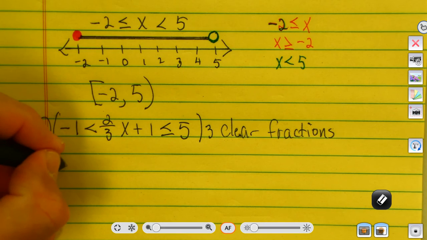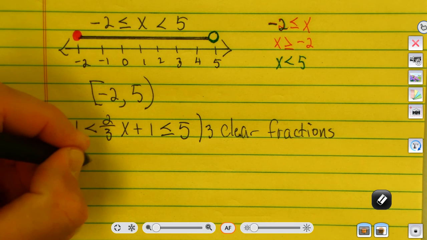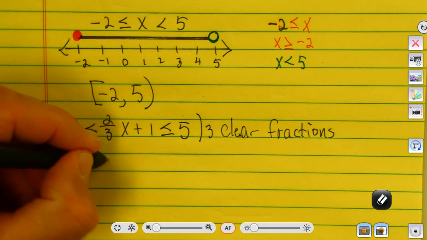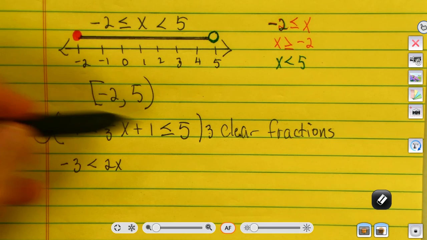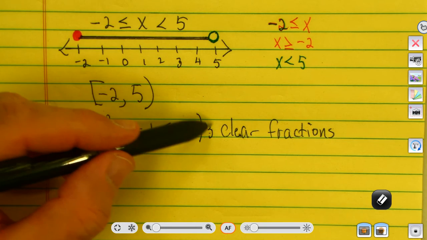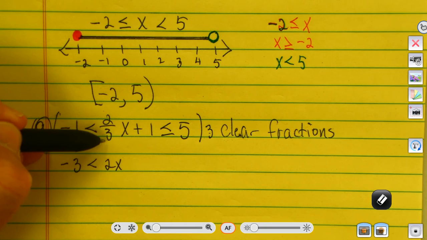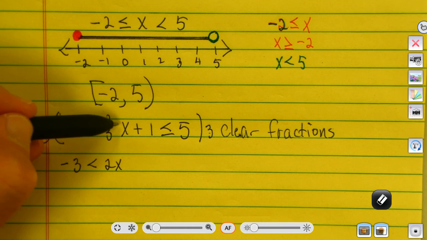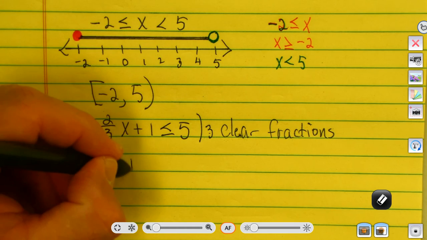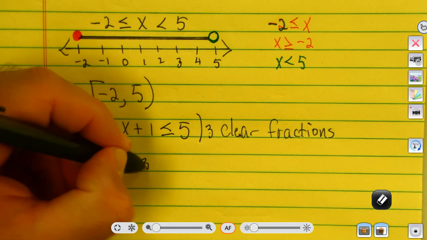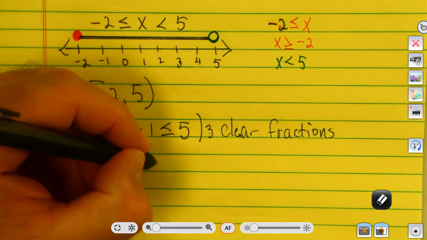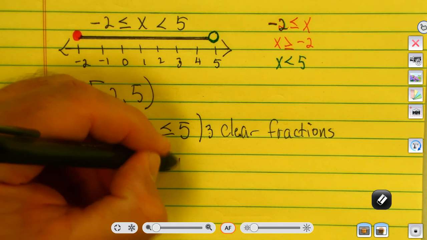It would be -3 is less than 2x, because I multiply 3 times -1, got my -3. Multiply 3 times 2/3, my 3 and the 3 in the denominator cancel. I'm left with just 2x. Plus, don't forget I've got to multiply it times that 1. So 3 times 1 is 3, which is less than or equal to 15.